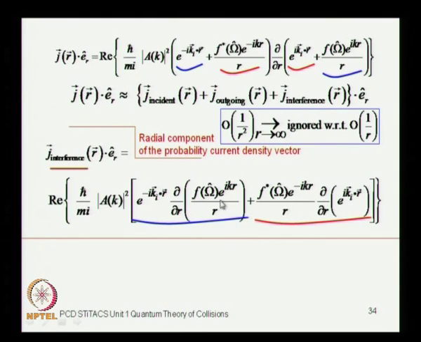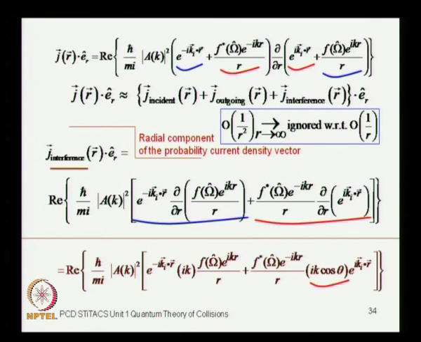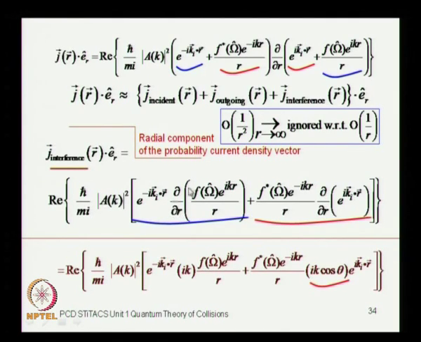When taking these derivatives, again you will get an i k coming from the derivative of e to the i k r. You will also get a term in 1 over r square coming from the derivative of 1 over r, which you will ignore, okay. So, when you work within that approximation, you can consistently ignore 1 over r square in comparison with 1 over r. Your interference term then has this term i k coming from the derivative of e to the i k r when you take the derivative with respect to r.